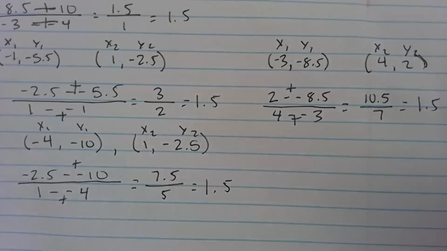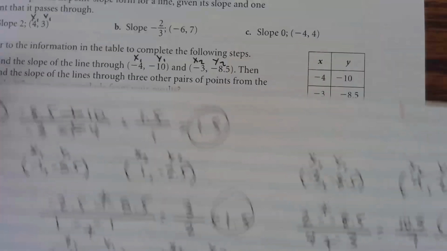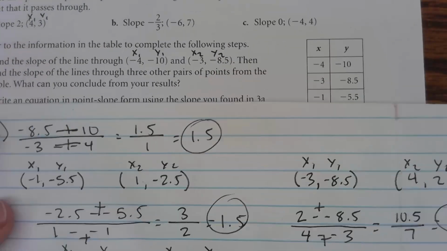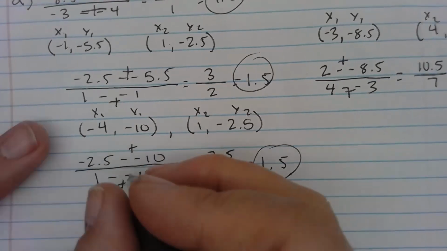So, looking at all of our slopes we got, what can we conclude about our table? So what would that make it?